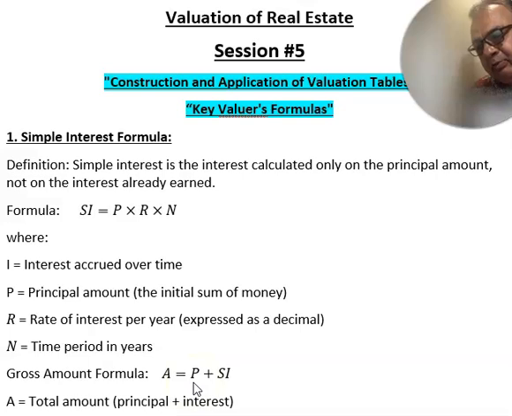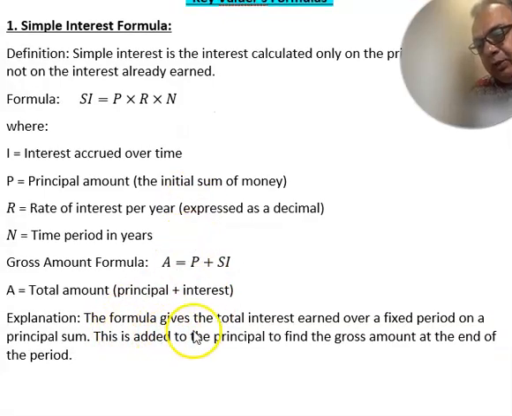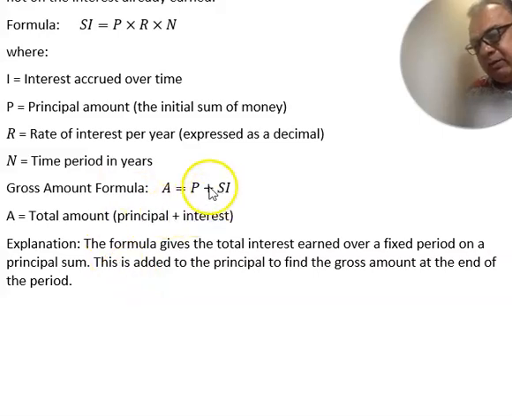Then we will add the principal amount, and total amount will be gross amount formula. A is the total amount, that will be principal plus interest. This formula gives the total interest earned over a fixed period on a principal sum. This is added to the principal to find the gross amount at the end of the period. The principal amount is added on the simple interest at the end of the period.